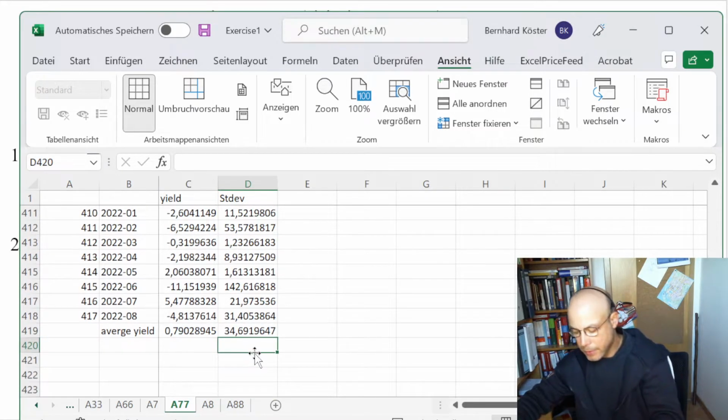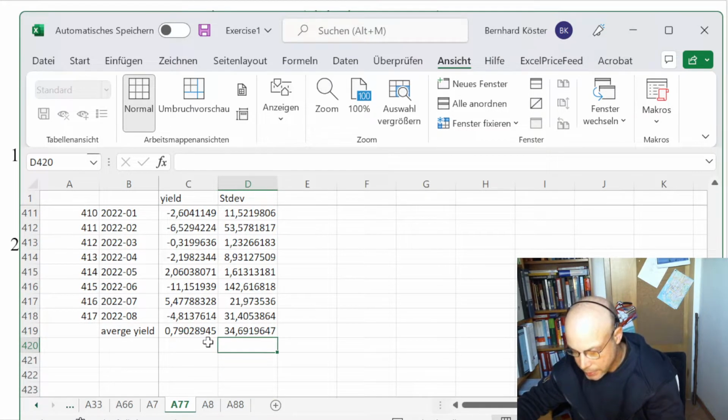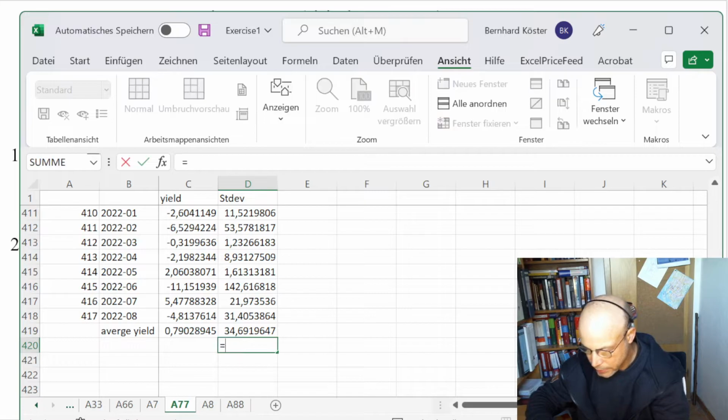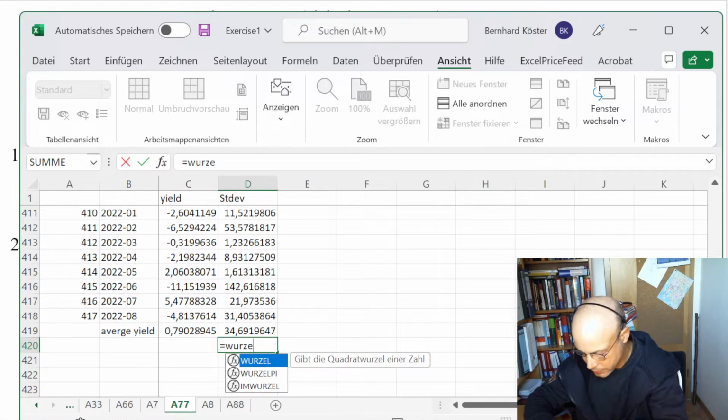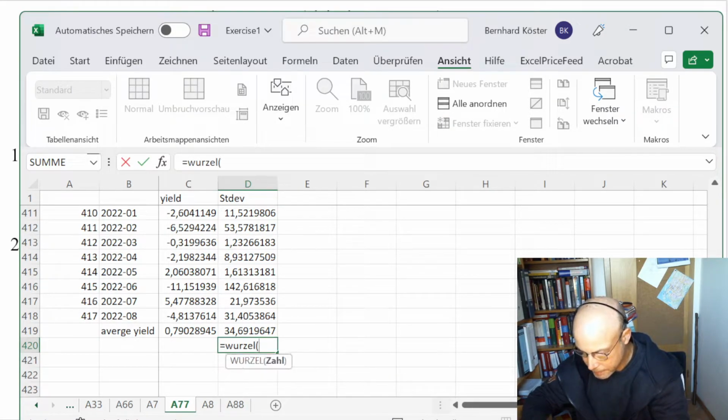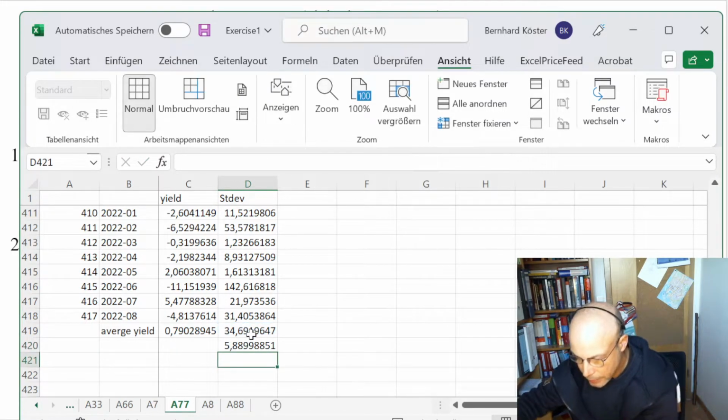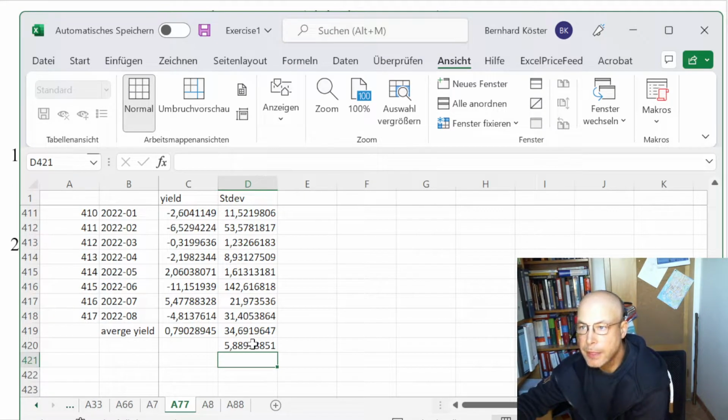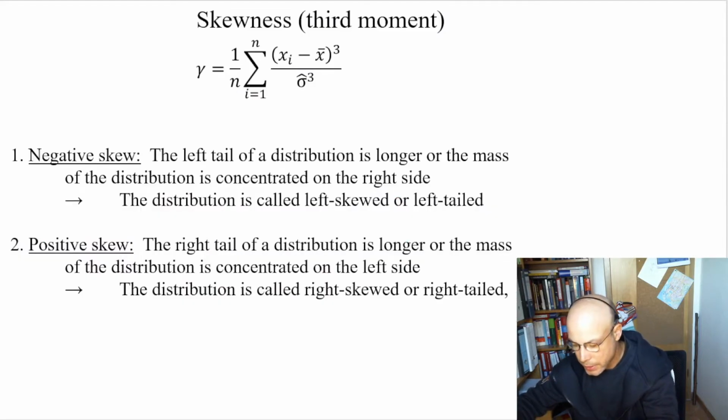This would be the variance, and standard deviation is then the square root of the variance. So 5.88 is our variance. What else do we need in order to calculate the skewness?